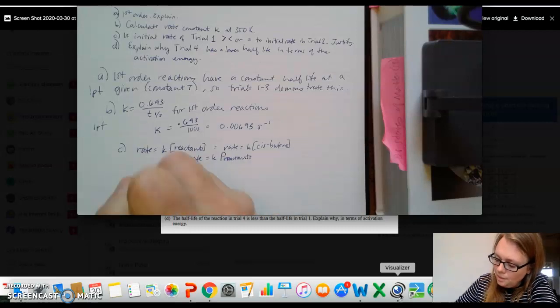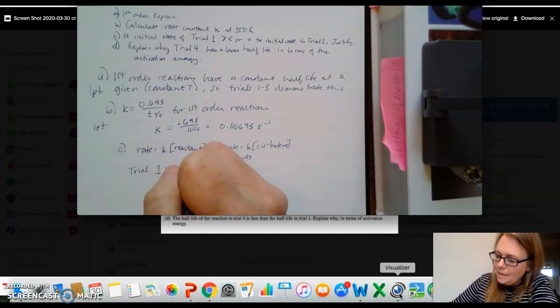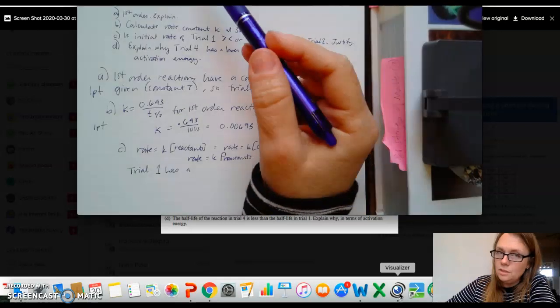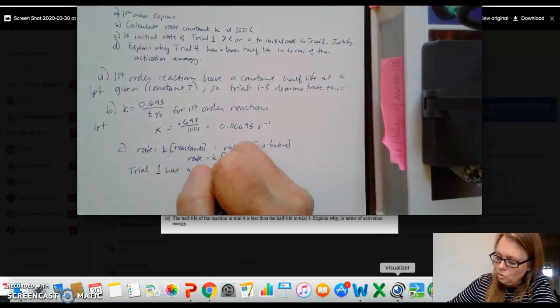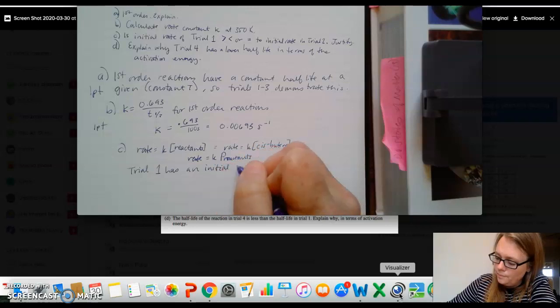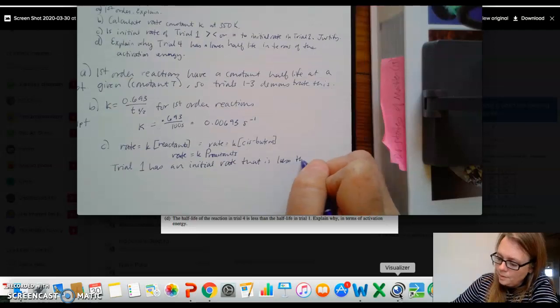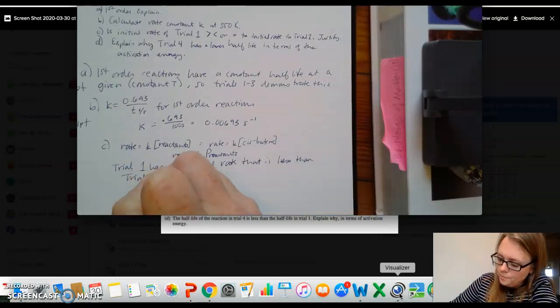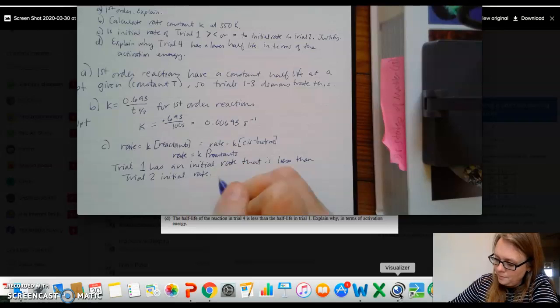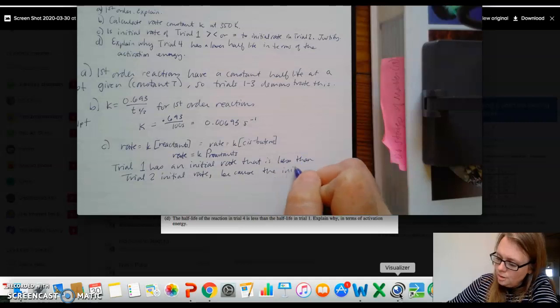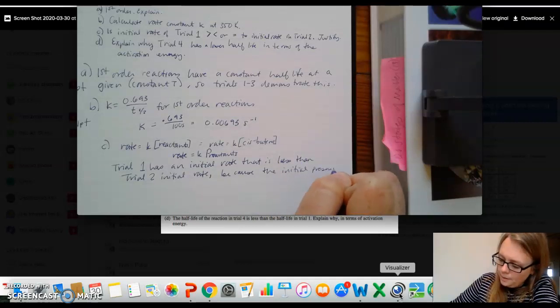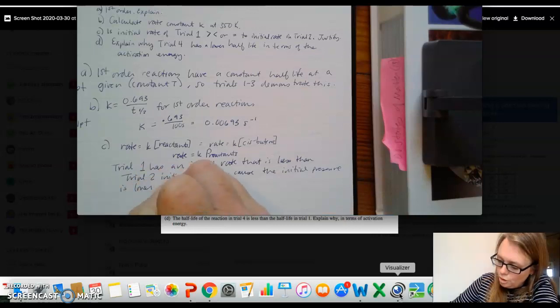So we should say something along the lines of: trial 1's initial rate is lower than, less than, trial 2, because the initial pressure is lower for trial 1.